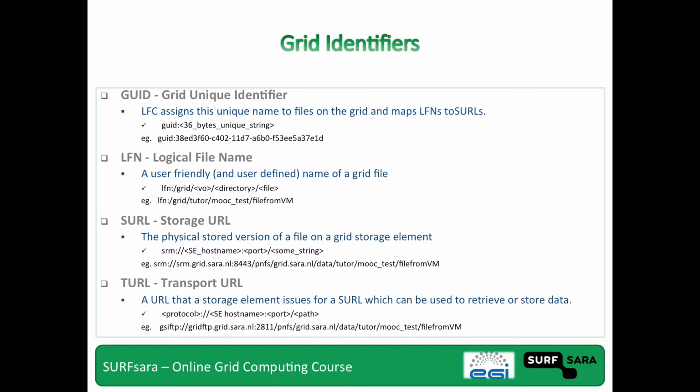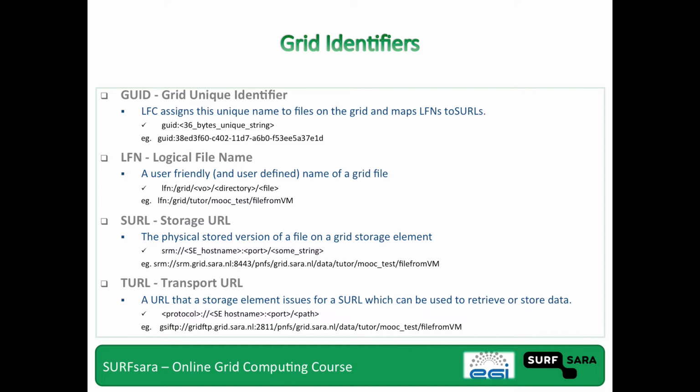then a file name. The storage URL, also known as the physical file name, or PFN, which identifies a replica in the SE, is generally of the form SRM with the SRM hostname and the port when it differs from the standard port, and then again a list of subdirectories. And these usually are also arranged for different implementations of the SRM protocol, so dCache has its own structure and DPM also has its own structure.